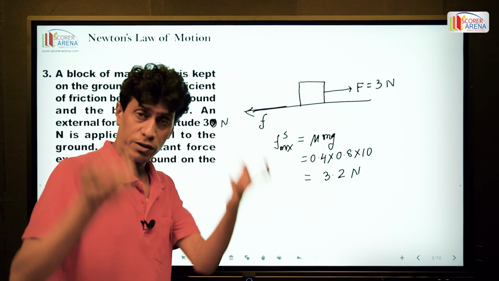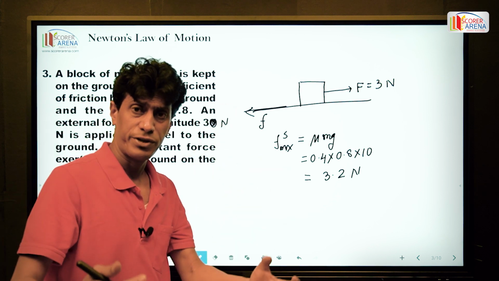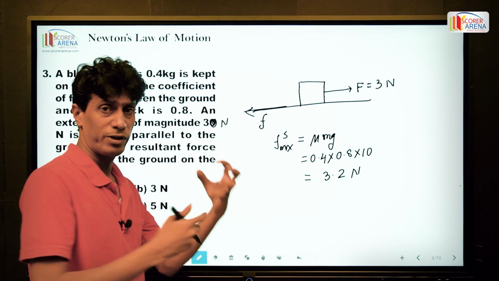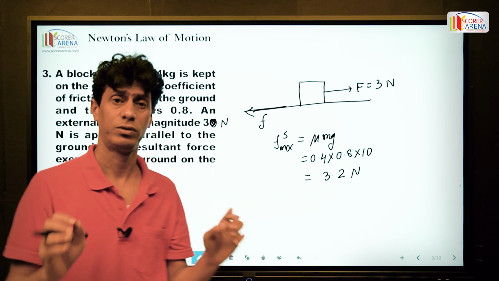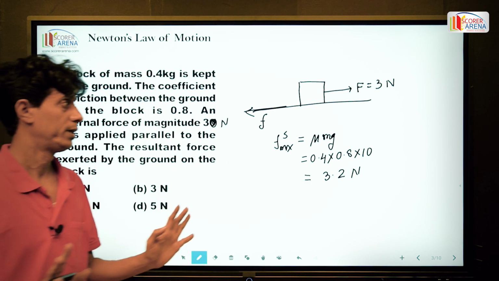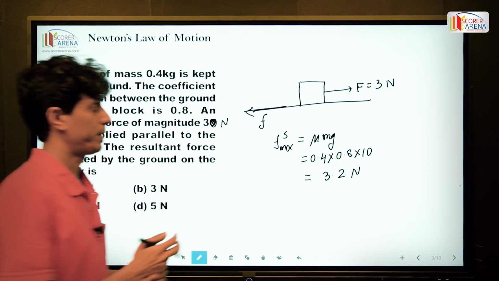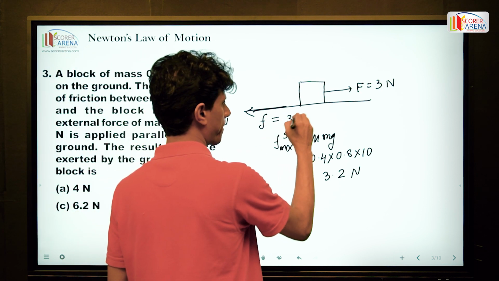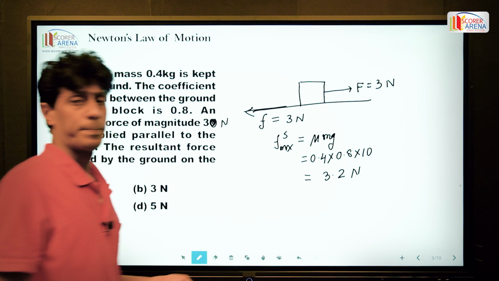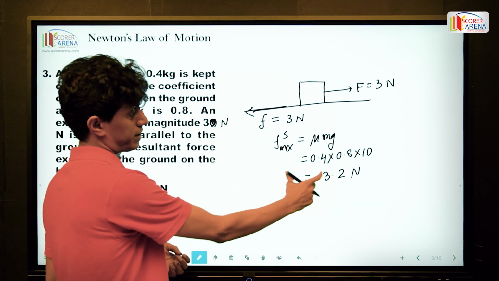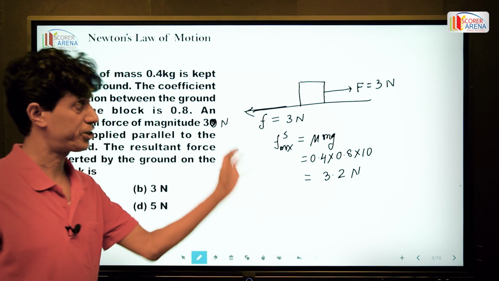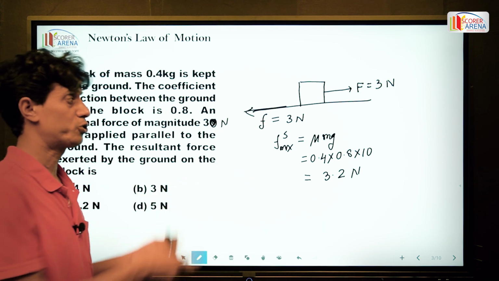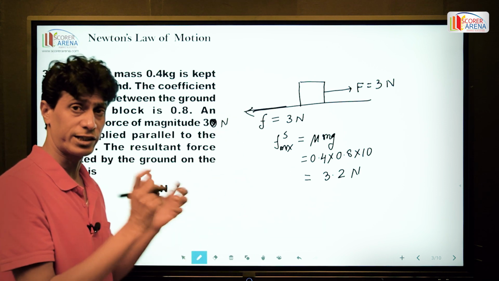You should keep in mind all the time, during the solving of problems based on friction, that friction is a self-adjusting force. So here friction is equal to 3 Newton. Since the maximum static friction is 3.2 Newton and the action given on the body is 3 Newton, the friction is not 3.2 Newton, it is actually 3 Newton.